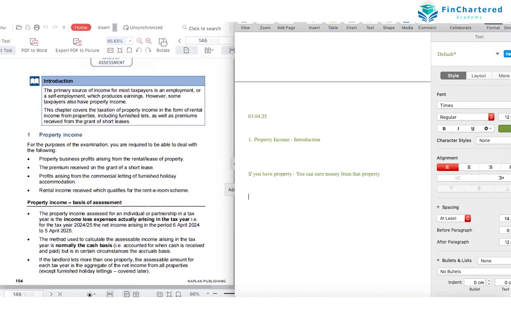How can you earn money from that property? You can earn money from that property in multiple ways. But the important thing I want to tell you is that what you earn from property is known as property income.